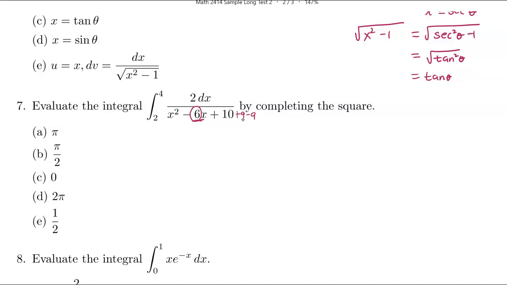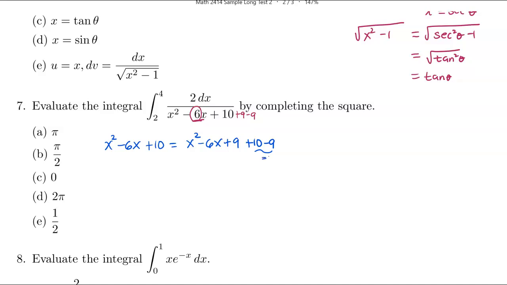So in this case, your x squared minus 6x plus 10 will just be x squared minus 6x. And to make it a perfect square, you would have to add 9. So that is the 9 here. Then the remaining, the plus 10 minus 9 will be your constant.